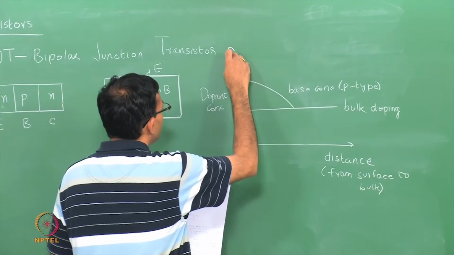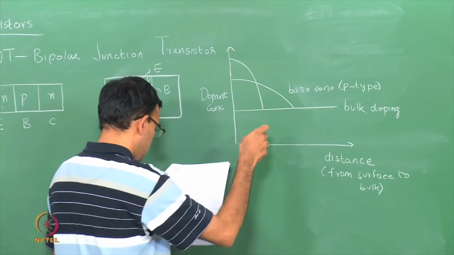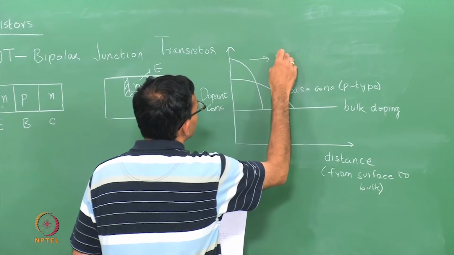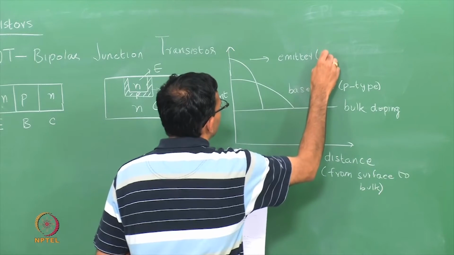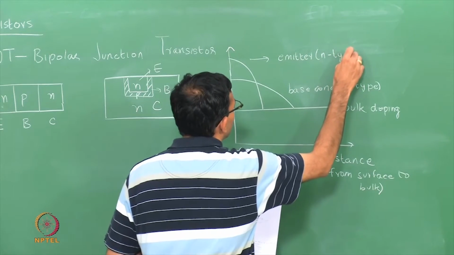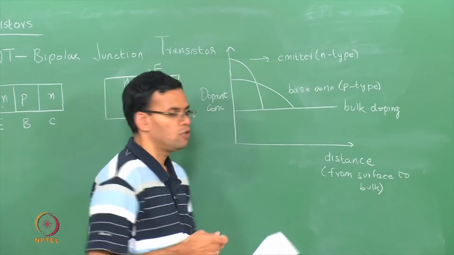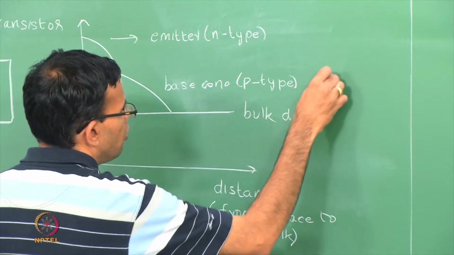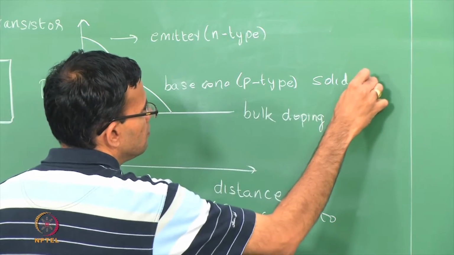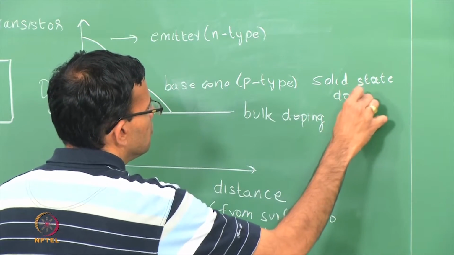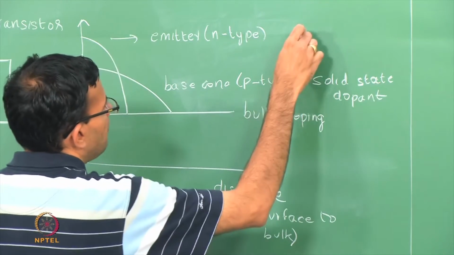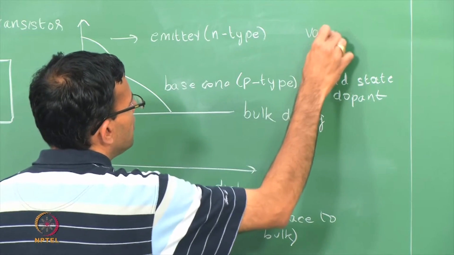We now dope with N type, this is your emitter, N type. So, in the case of a base, you use a solid state dopant. In the case of an emitter, you use a vapor phase dopant.